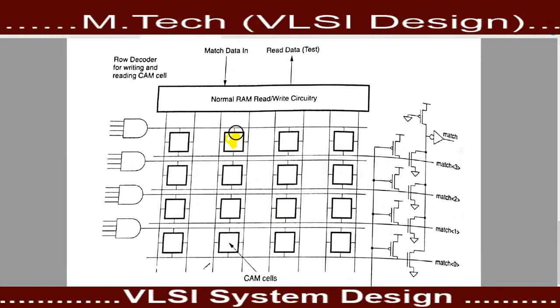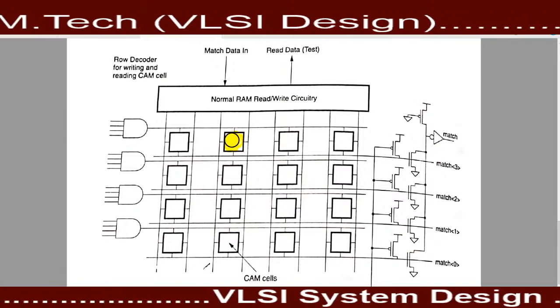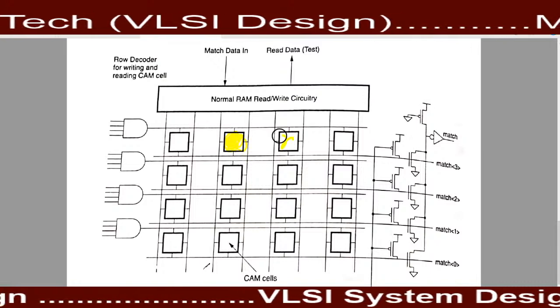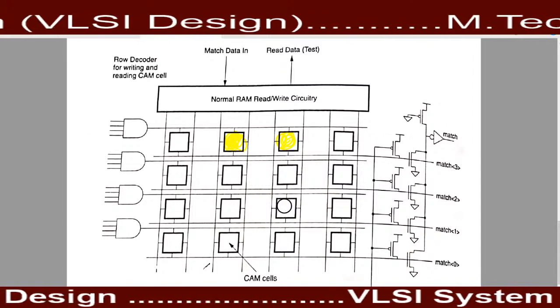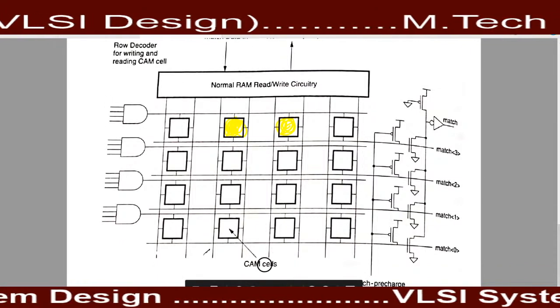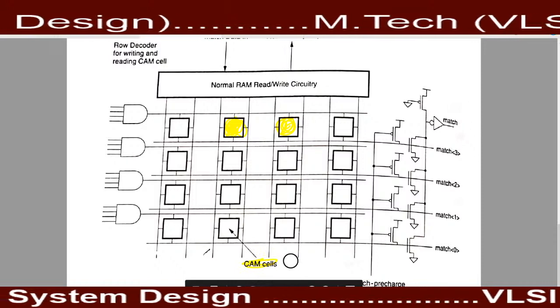The combination of word line and bit line is making a cell. So all these colored square blocks are CAM memory cells. It is also mentioned here, these all are CAM memory cells.